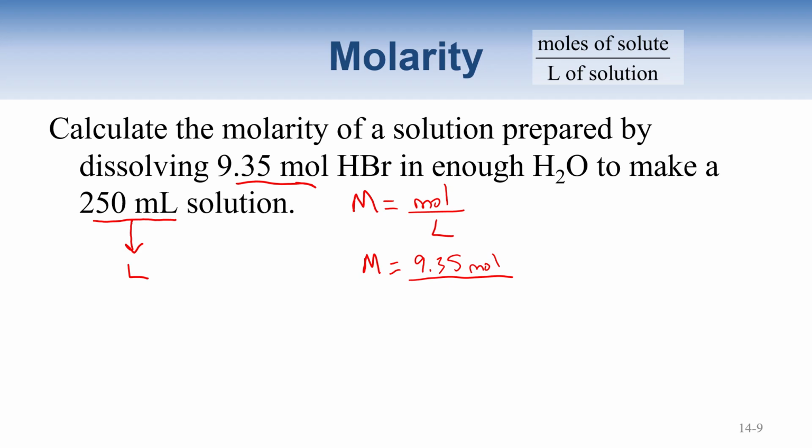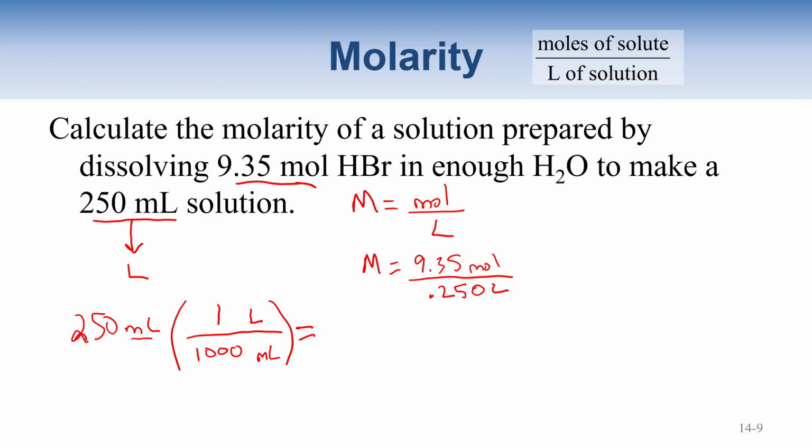So we're going to do 250 mL, and this is where our unit conversions are coming into play. Since mL is on the top, mL is going to go on the bottom, and you're converting to liters. 1 liter is 1,000 mL from our conversion chart, and that's going to equal 0.250 liters.